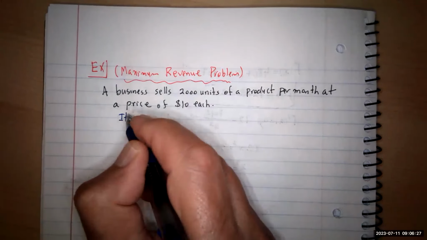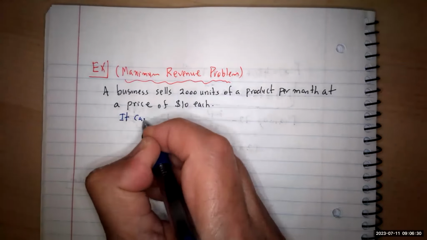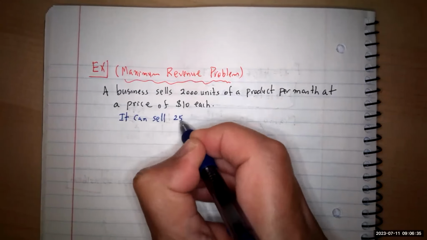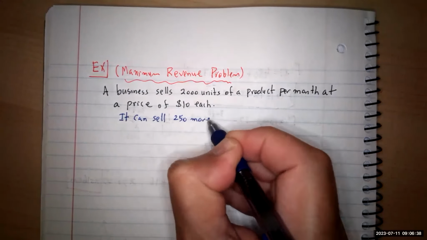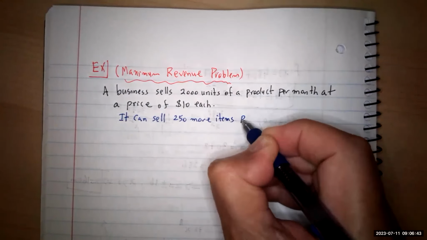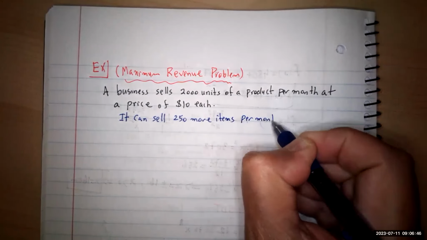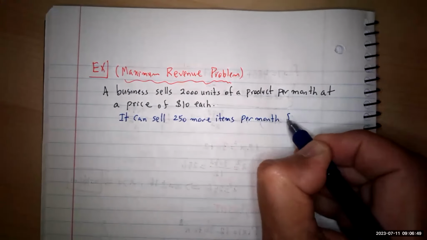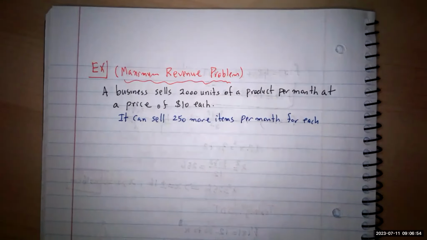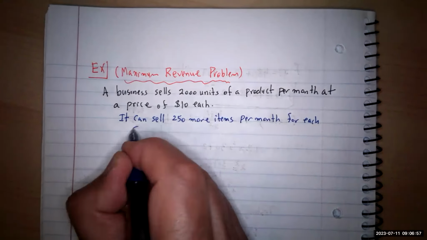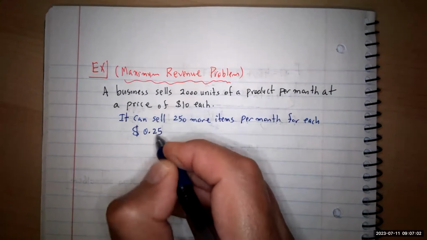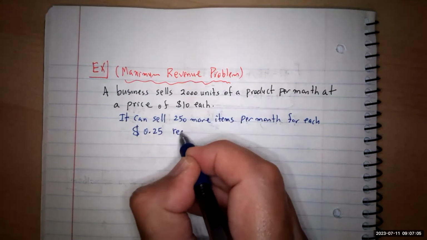So they give you this information. The business can sell 250 more items, units, or whatever it is, per month, for each 25 cents discount, a reduction in price.